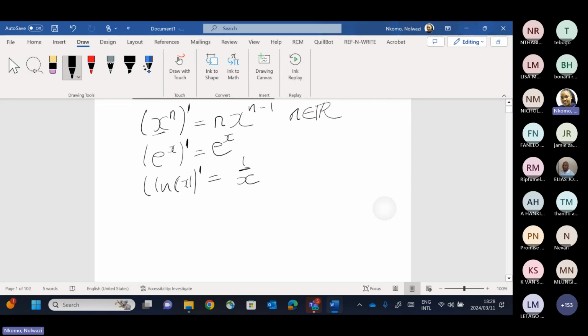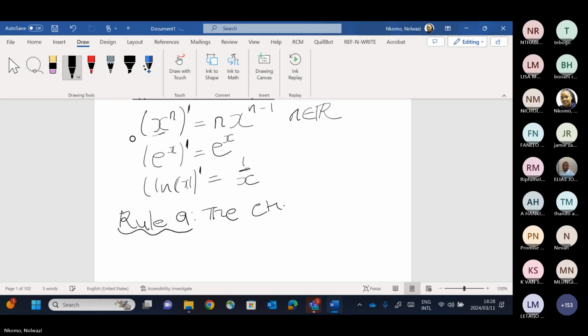I will add if I forgot something. Instead, we are doing rule 9, the chain rule, or it's called the function of a function.